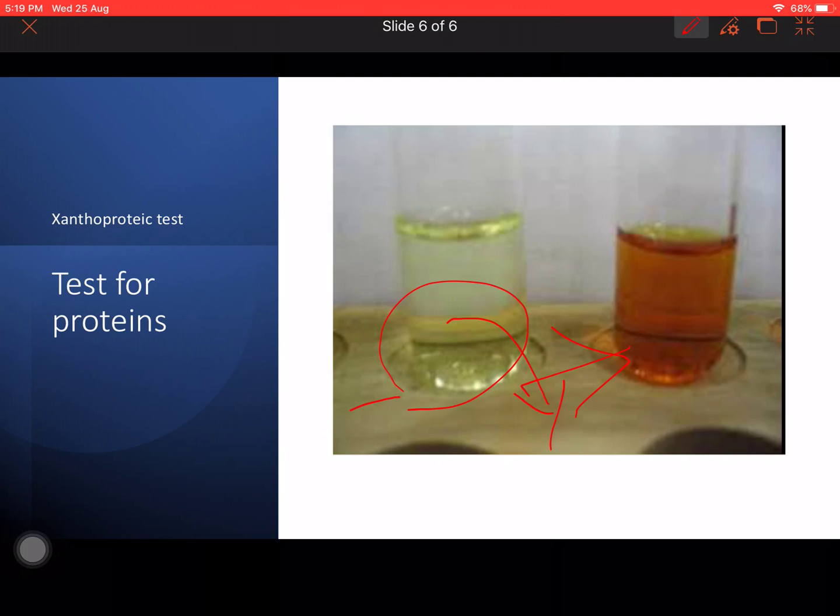This is because when proteins are treated with dilute nitric acid, a yellow color is produced, and if this solution is made basic by adding ammonium hydroxide, this orange color is obtained. This test is called the xanthoproteic test.